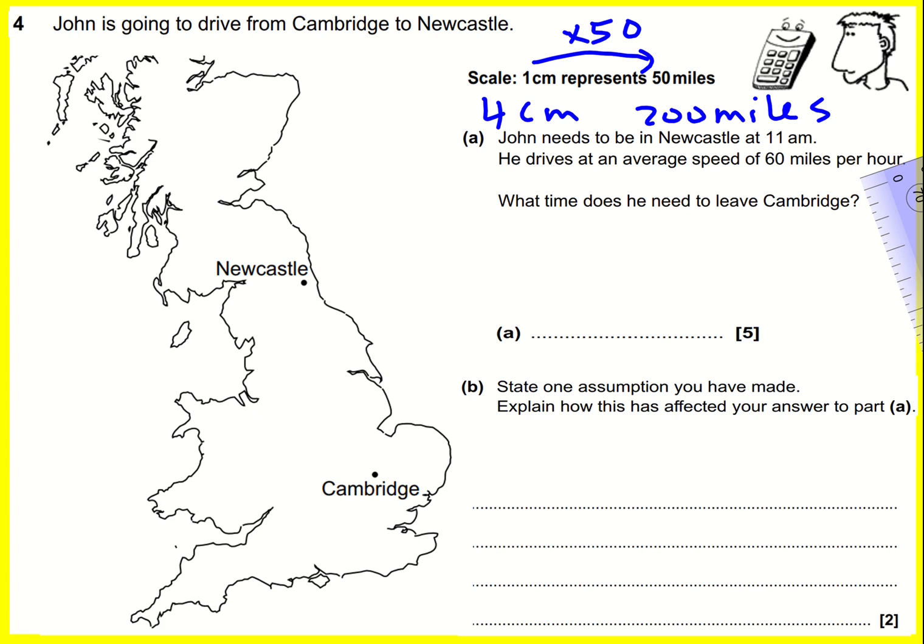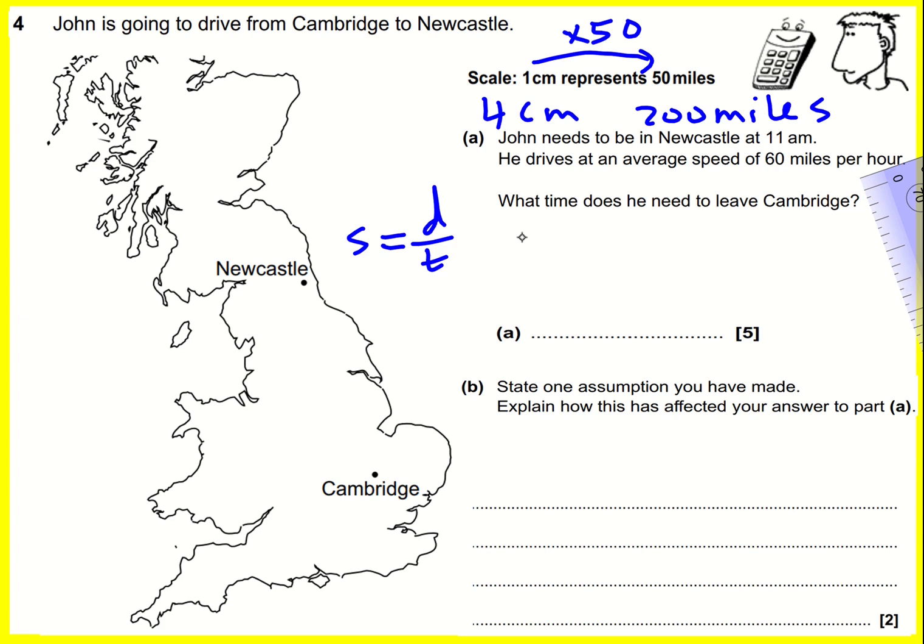Right, we need to work out the time that it will take to go from Newcastle to Cambridge using this average speed and the distance travelled. So speed is equal to distance over time. Well, that's actually the average speed, distance over time.